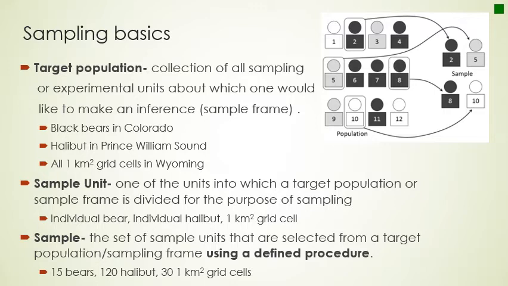And then the sample refers to the set of sample units that are selected from a target population or sampling frame using a defined procedure. And that has been bolded because that's a really critical part of this. So if you just go out and select sample units willy-nilly and try to publish something on it, you're probably going to get hammered by your reviewers, because you need to be very clear about exactly how those sample units were selected.